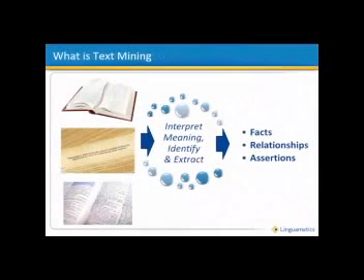So what is text mining? To explain it in simple terms, it's the ability to process unstructured text, typically in a very large set of documents such as thousands or even millions, interpret the meaning and automatically identify and extract out concepts, as well as the relationships between those concepts to directly answer questions of interest.